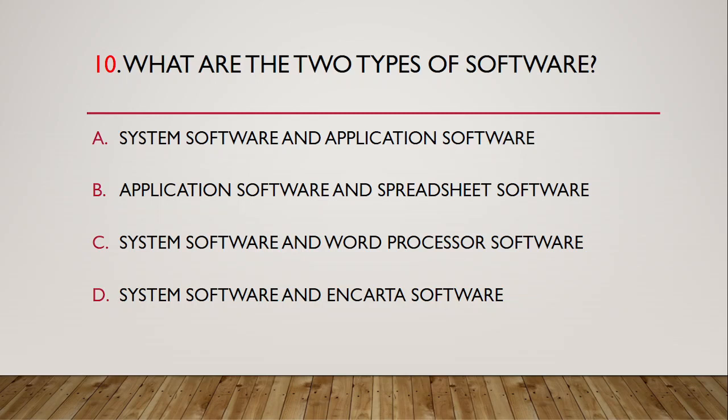Now, there are two types of software. Now, the question is, what are the two types of software? So, again, you can make your choice here. So, our answer there is A. So, our two types of software are application software and system software. Okay, application software and system software.